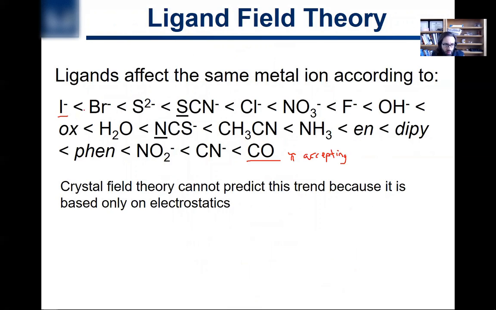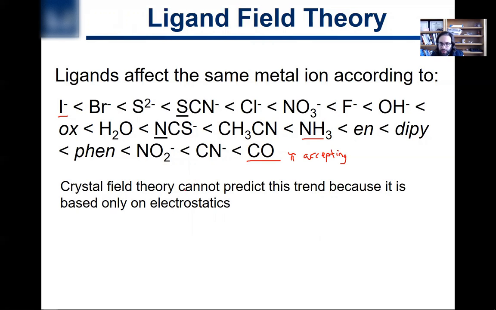Now we can understand why iodide, since it's a pi donor, is at the beginning of the spectrochemical series. It has a lower delta O, strong pi donor. Ones in the middle are not strong pi donors or pi acceptors. They're mostly doing sigma bonding, for example, ammonia.